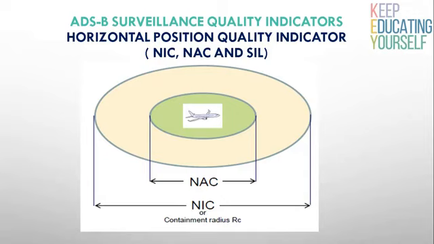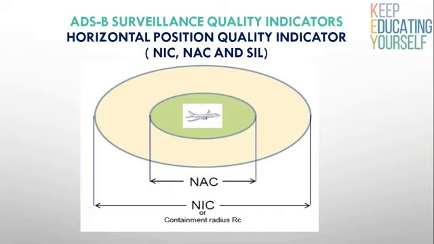To understand accuracy and integrity of ADS-B reported position, we have to understand HPL, horizontal protection limit, HFOM, horizontal figure of merit, NUC, navigation uncertainty category, NIC, navigation integrity category, and NAC, navigation accuracy category.